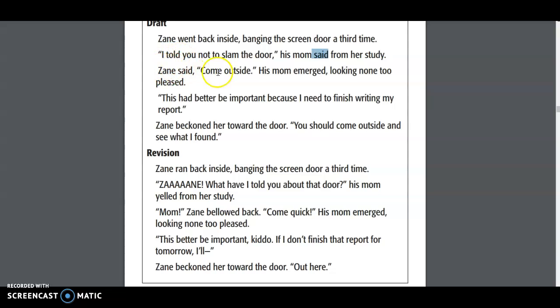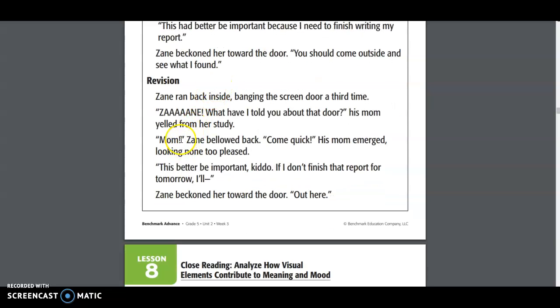And then Zane really wants mom to come. He's not going to be like, "Come outside." No. He's going to be more of, "Mom!" Zane bellowed back, "Come quick!" His mom emerged looking none too pleased. So we didn't change the whole sentence. We just added some exclamation points. So we're showing that excitement. We're showing that it's getting serious, that he wants her now. And mom's a little frustrated because he's slamming the door.